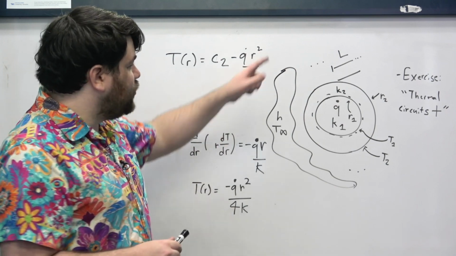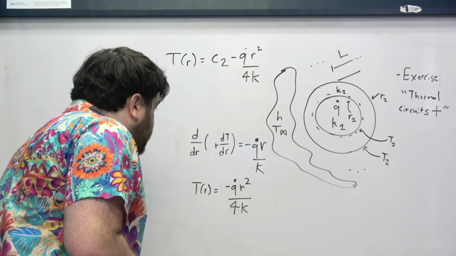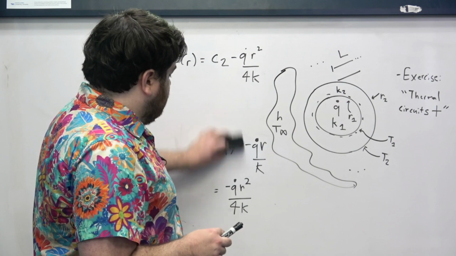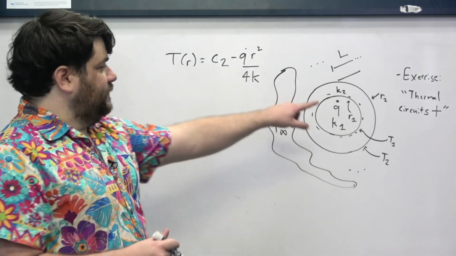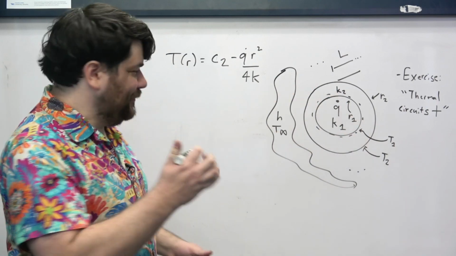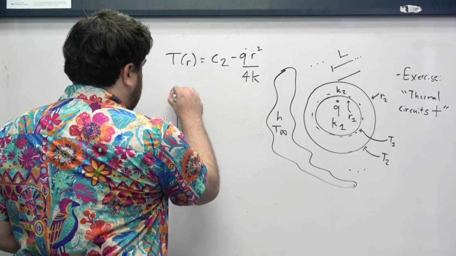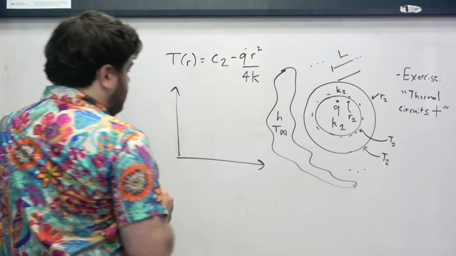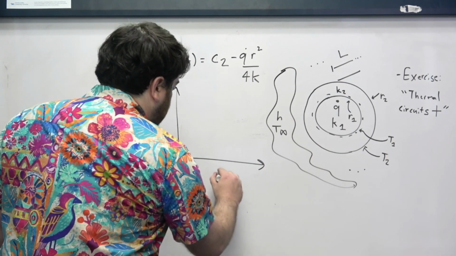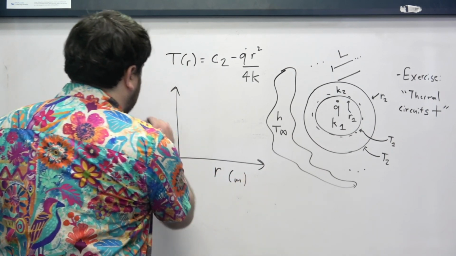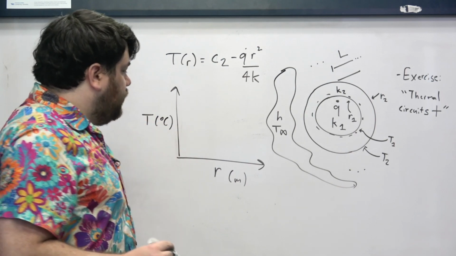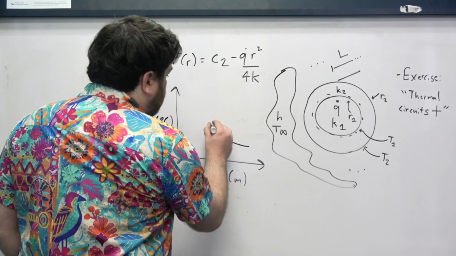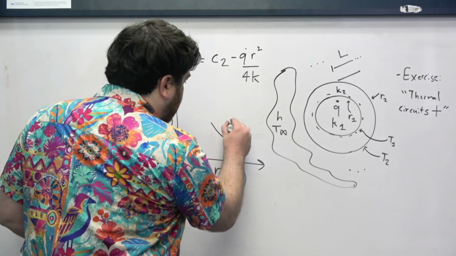It's decreasing with the square of r. And so if you actually took a look at what the temperature profile of this whole cylinder looked like, let's say that this is r and this is T, you'd find that out here, the temperature decay is logarithmic.